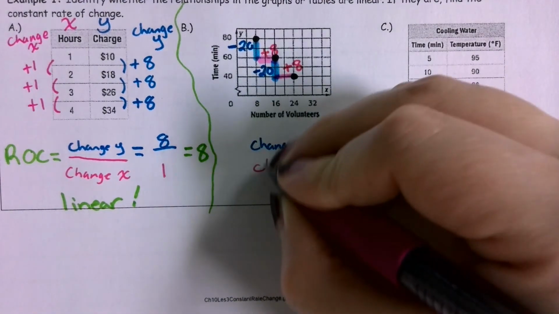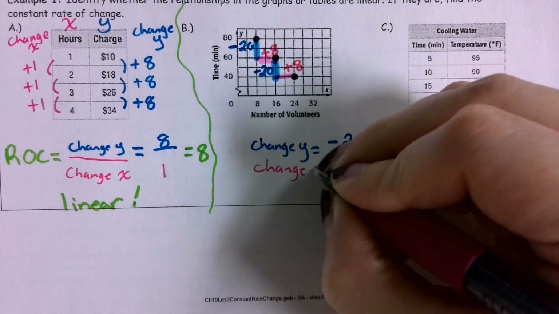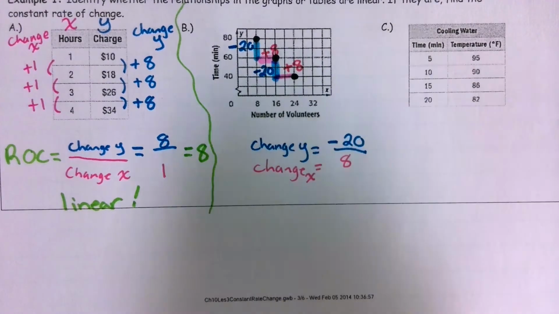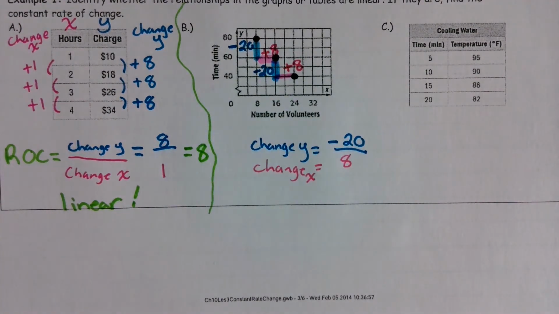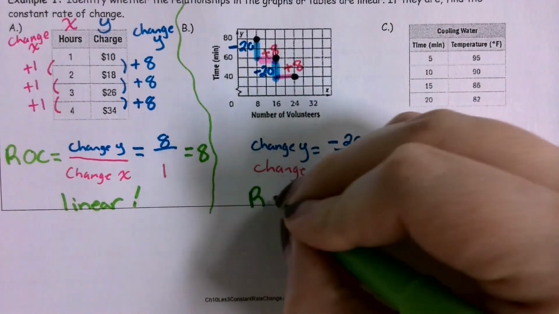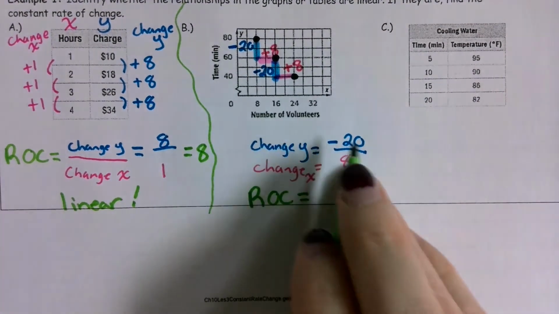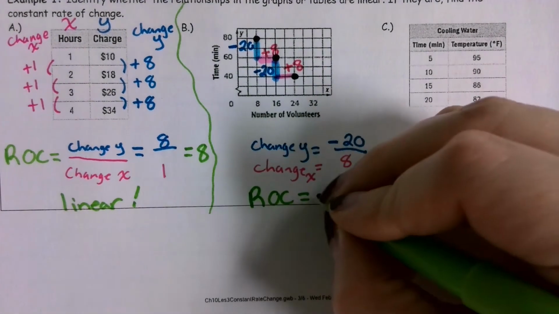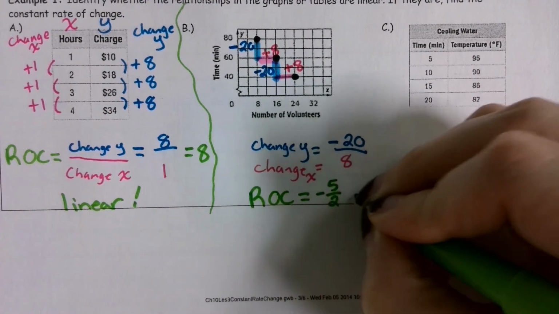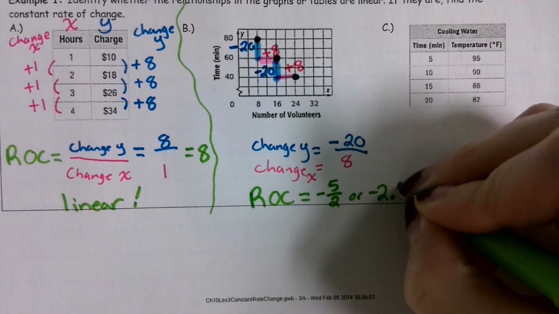So that means our change of x is an 8. So then our constant rate of change, or our rate of change, is negative 20 over 8, which can simplify to negative 5 over 2, or negative 2.5.